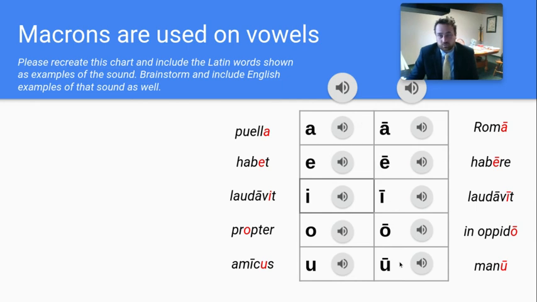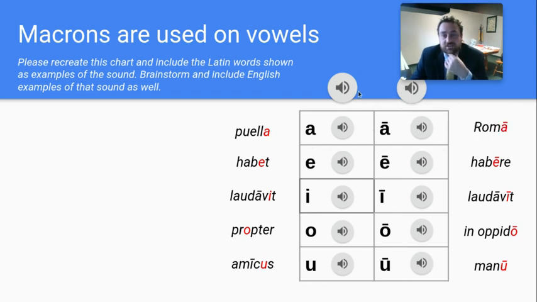If you remember that from Spanish, those are the sounds that the letters make when they have macrons on them. But there are short vowel sounds, and you may recall long A, short A when you were learning how to read in lower elementary school. So that's kind of what we're talking about here.